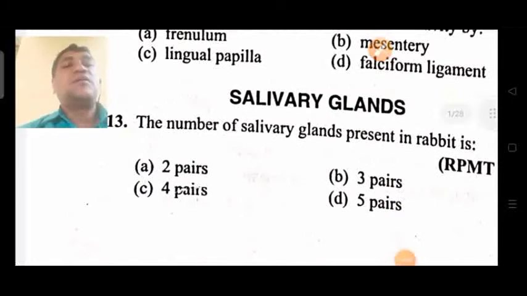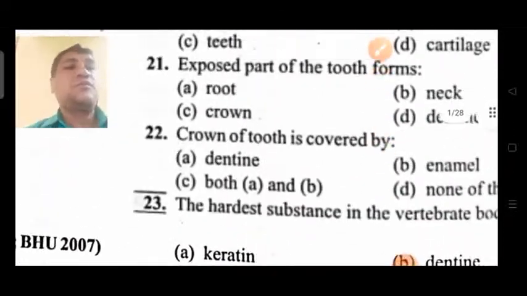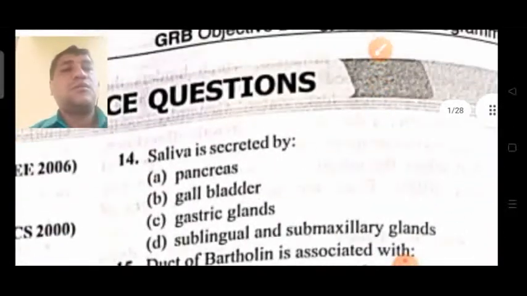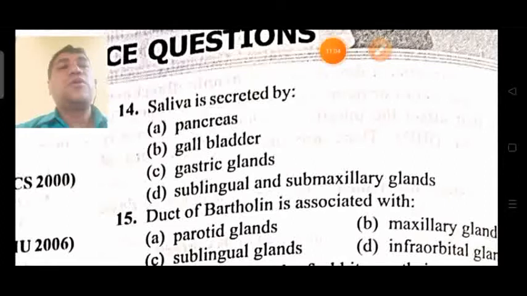Next, going on to the 14th question. Saliva is secreted by pancreas, gallbladder, gastric glands, sublingual and submaxillary.